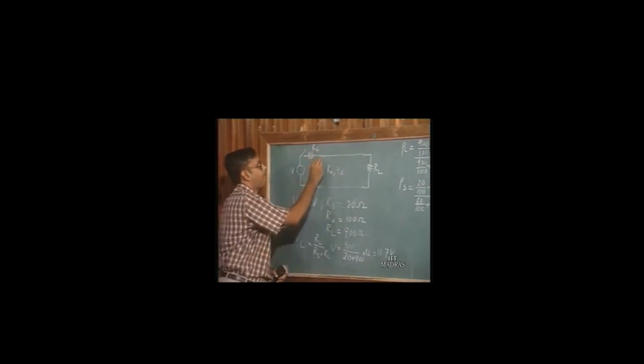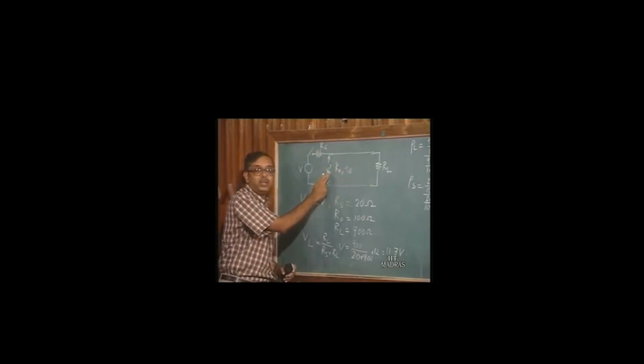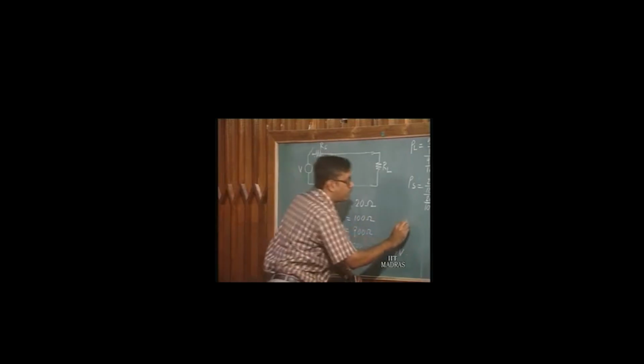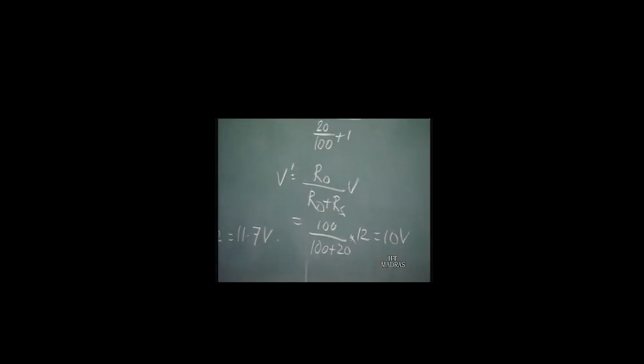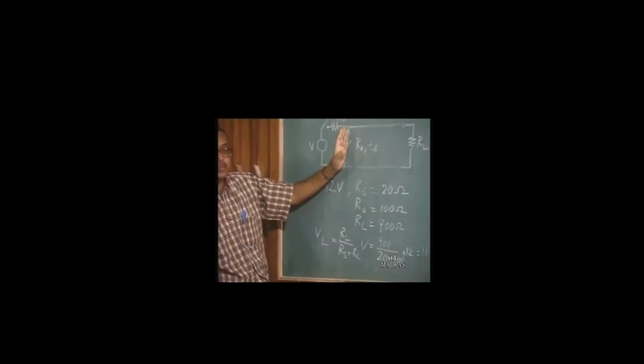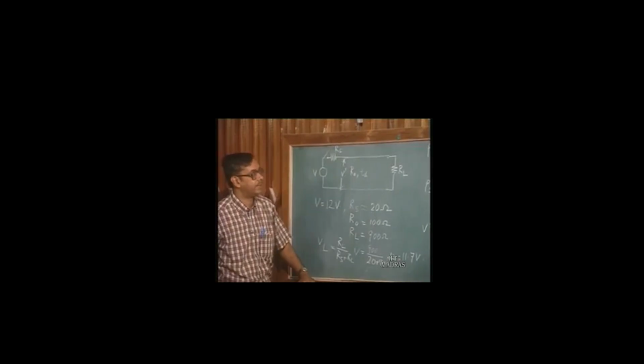If a voltage V prime is going to move, V prime will be equal to R naught by R naught plus Rs into V. In this case, R naught is 100 and Rs is 20, and V is 12, so that gives us 10 volts. So a voltage front of 10 volts is available at the source end of the transmission line, which is going to move towards the load end.